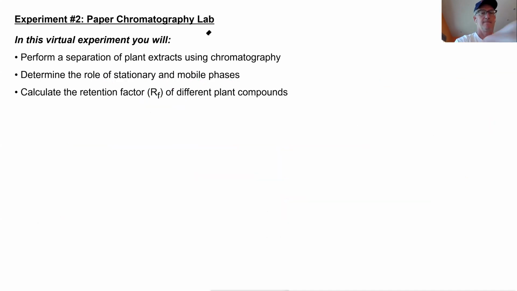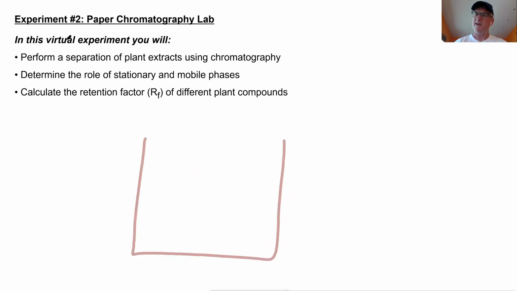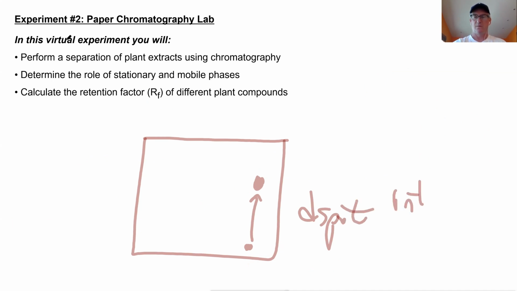Because it's moving, but it's not actually changing anything. I mean, it's not actually changing anything. It's an interesting way of putting it. So here's my spot, and I let it move up to, let's say, there. So you're saying that distance is an intrinsic property of the compound. When you say it doesn't change anything, what do you mean?